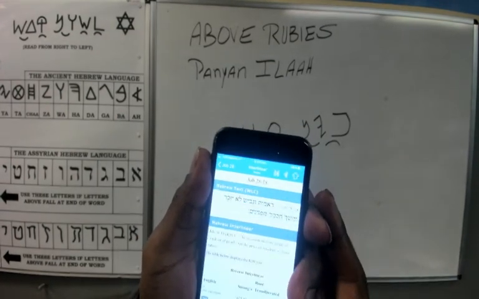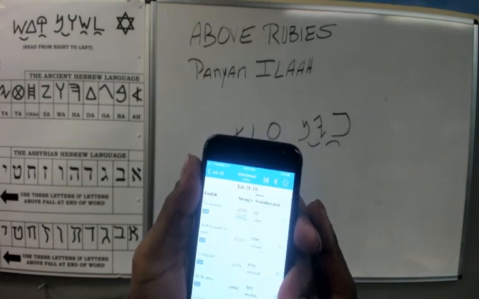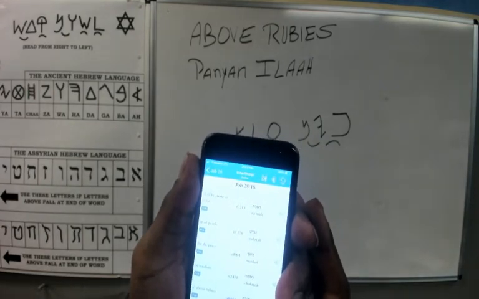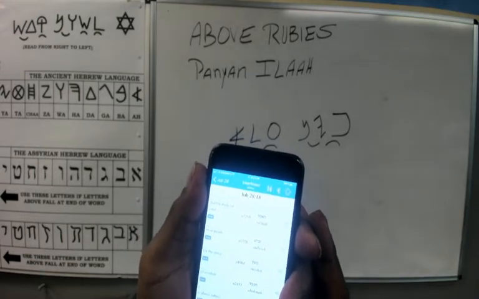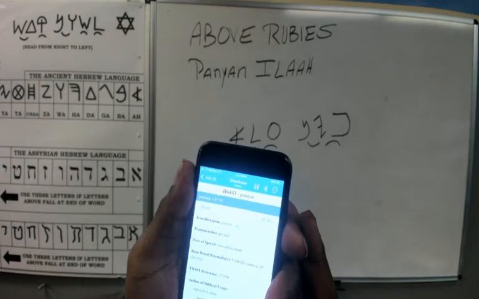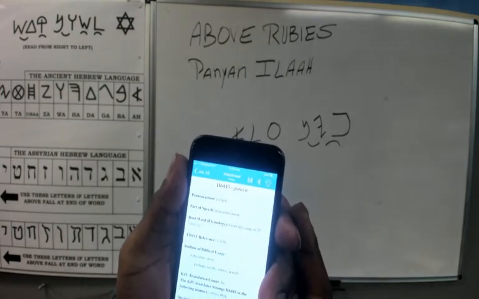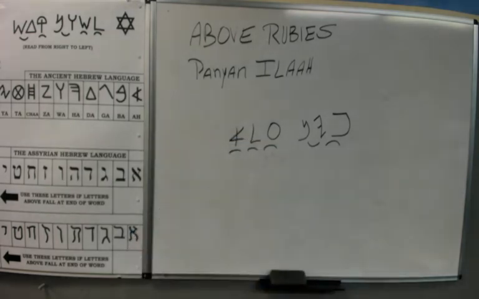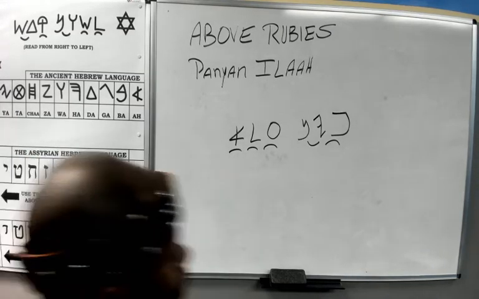Concordance is what's going to give you the main source, the root word, and what it means. You go all the way down to where it says "above rubies." It has it for you in Hebrew, where it gives you it in the Hebrew itself. So that's a good source for you to use to your own advantage. This is what we always recommend in the Israelite School of PK.